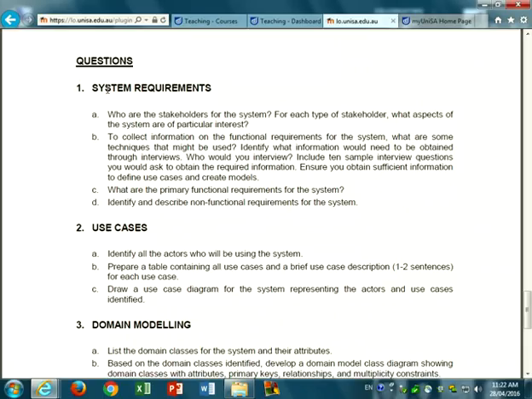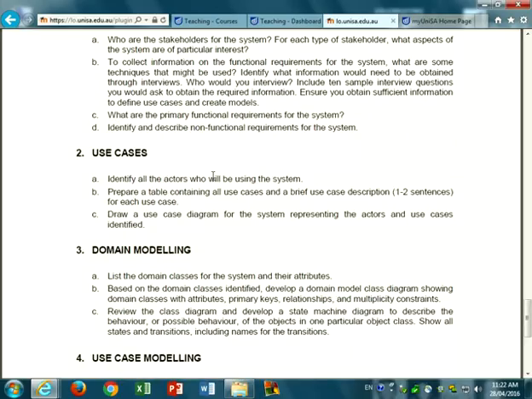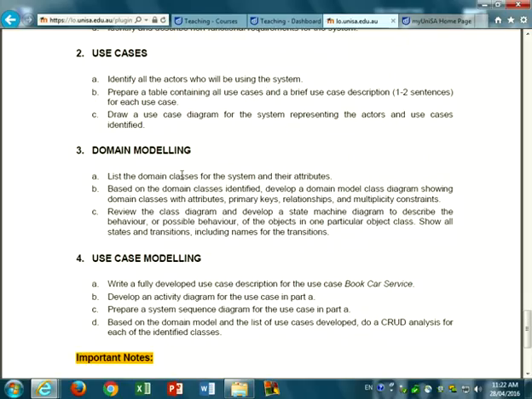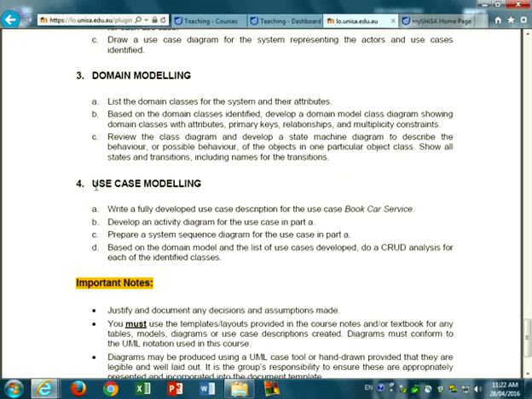Looking at system requirements first, who are the stakeholders, looking at functional requirements, primary functional and non-functional, looking at actors, looking at use cases and use case descriptions, drawing a use case diagram, domain modelling, which we've been looking at this week and in the previous lecture. So you need to do a domain model class diagram, a state machine diagram, which we'll be looking at today, and then following on with use case modelling, which we'll be doing in the upcoming weeks.